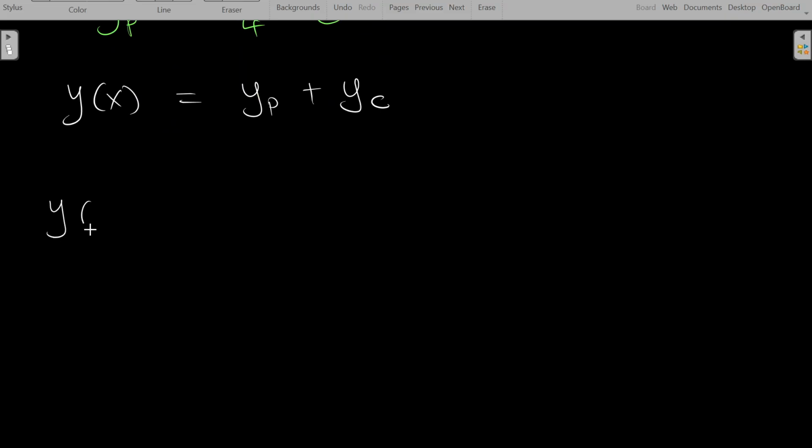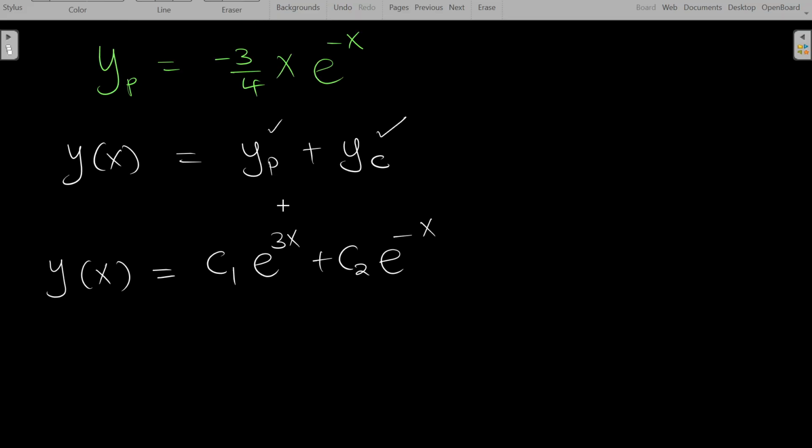So let's combine our answer. So y(x) should equal our complementary function. What was our complementary function? C1 e raised to 3x, plus C2 e raised to negative x. Now that's the complementary function. Now let's add our particular function. So our particular function is this. So if you add it, it will be negative 3 over 4 x e raised to negative x.